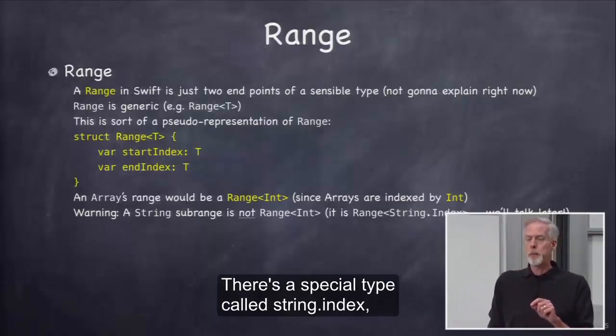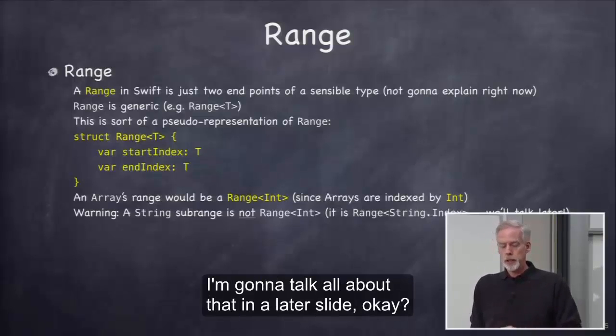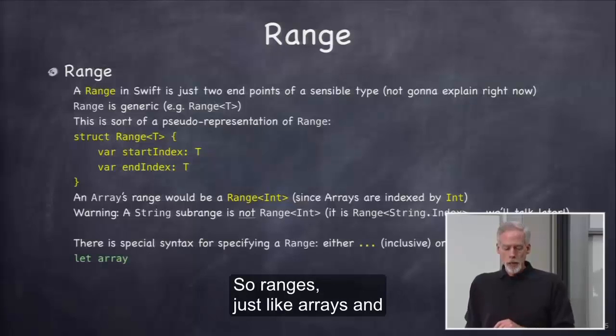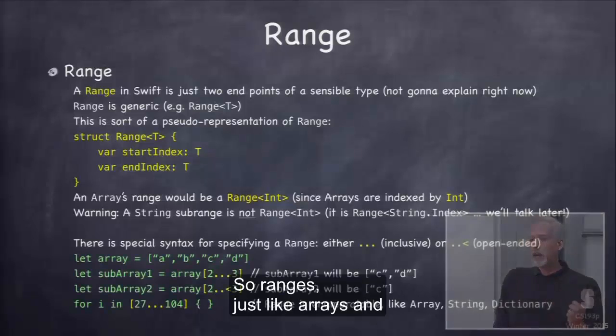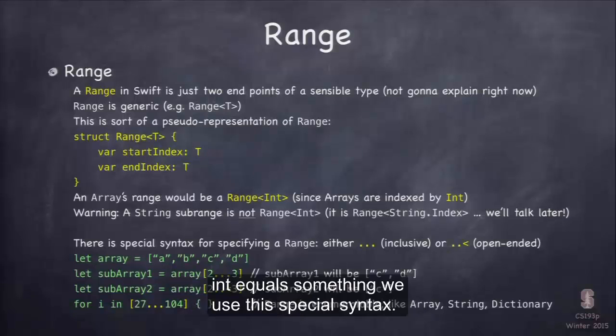There's a special type called String.Index, which is an index into a string. I'm going to talk all about that in a later slide. Ranges, just like arrays and dictionaries, we don't usually write Range angle bracket Int equals something.